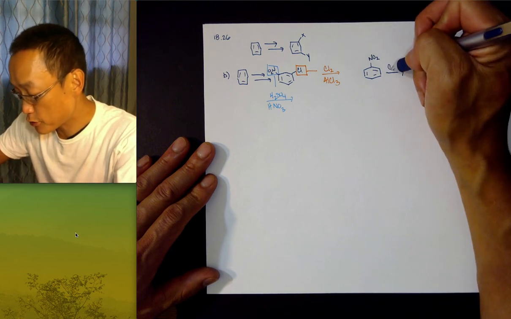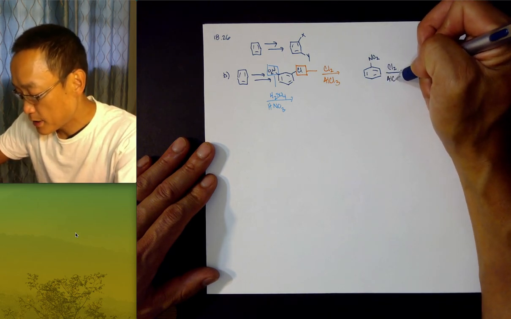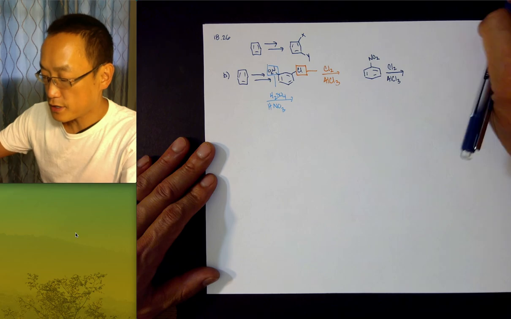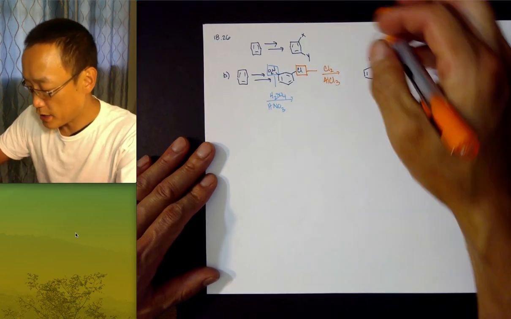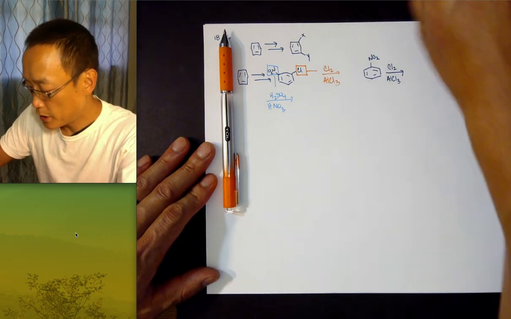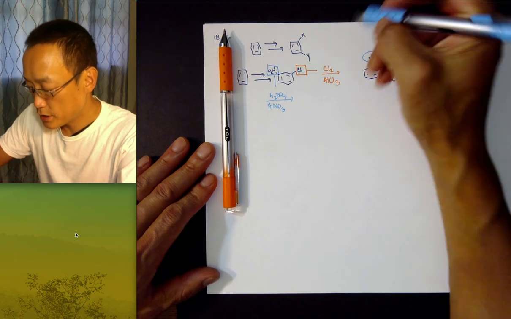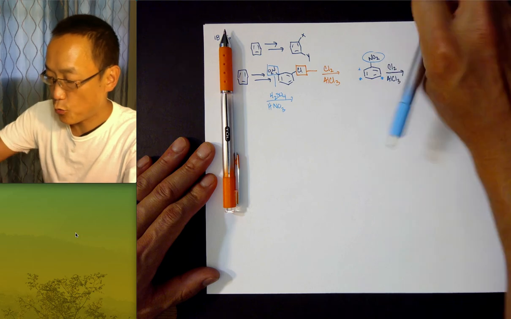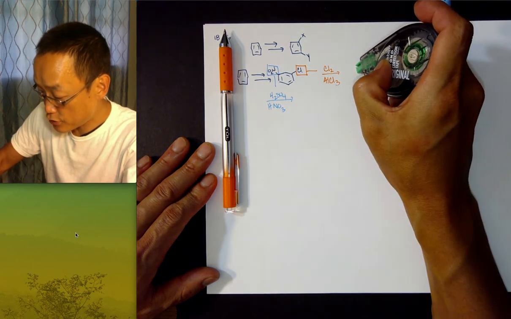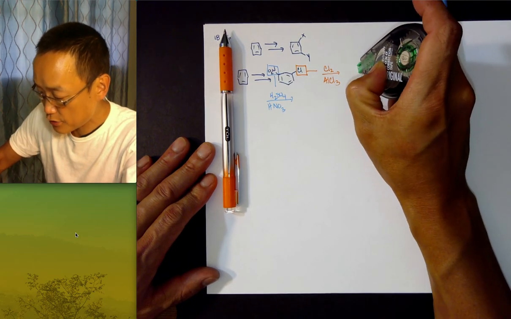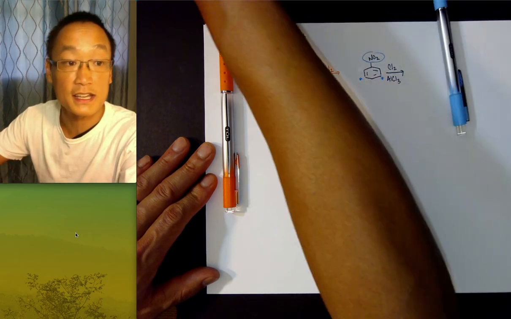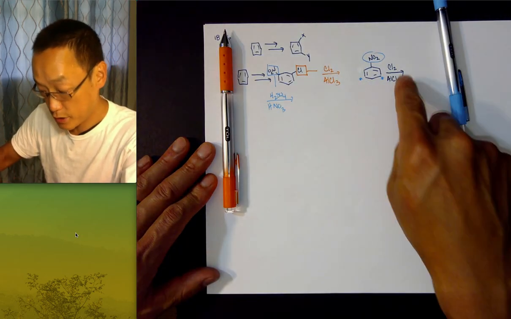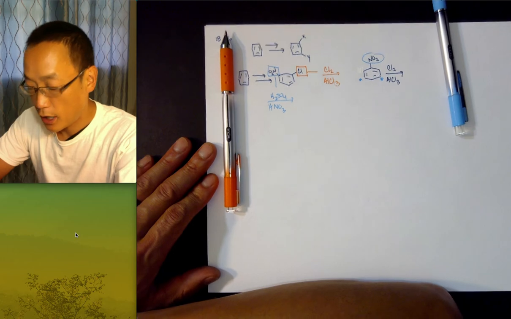This nitro group would direct the incoming chlorine to these positions right here, meta. It is a very strong deactivator, and as a result, it will direct the incoming electrophile to the meta positions.